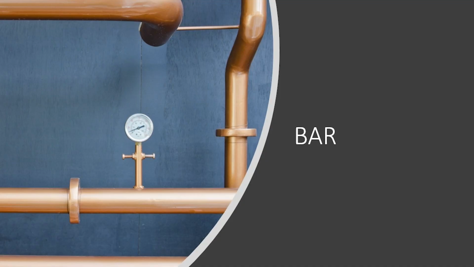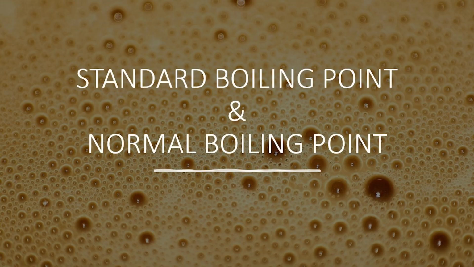We know that different units are used to measure pressure. What are they? Yes, atmosphere, bar, etc. The boiling point is termed differently under these units of measurement: standard boiling point and normal boiling point.